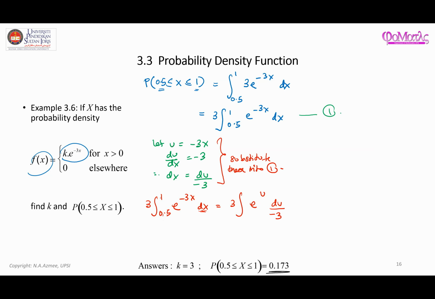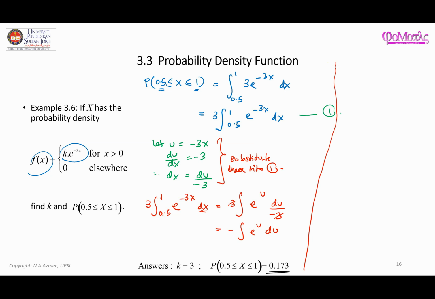Then you can see that this part can be cancelled out. So we've got negative 1, the negative can be taken outside, so the integral of e^u du, and we know that if we integrate this function, we'll get the same result.